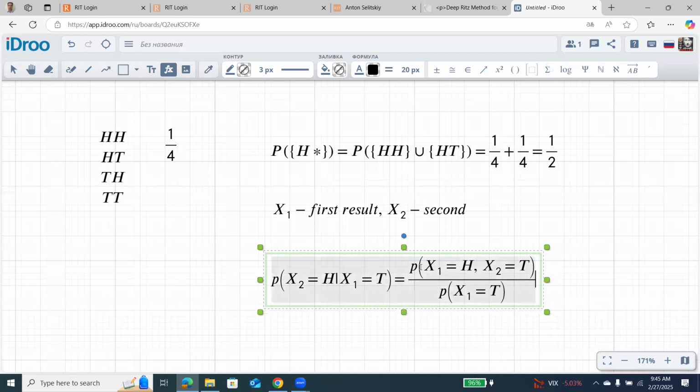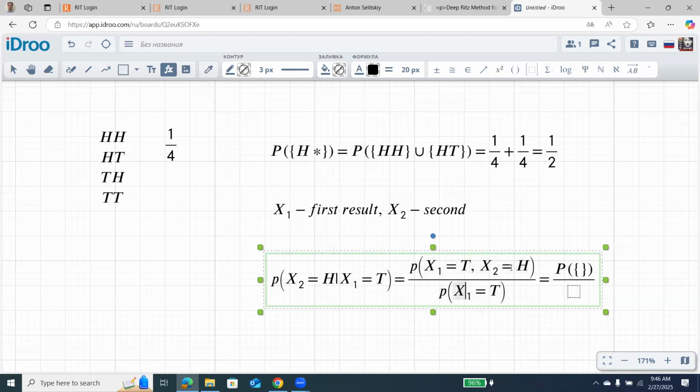And now we will rewrite this in terms of the events. Then I use capital probability. So the first event is, oh, wait a second, I made a misprint here. X1 is T, X2 is heads.